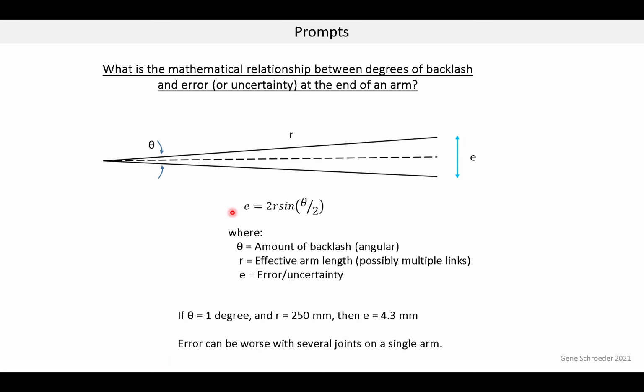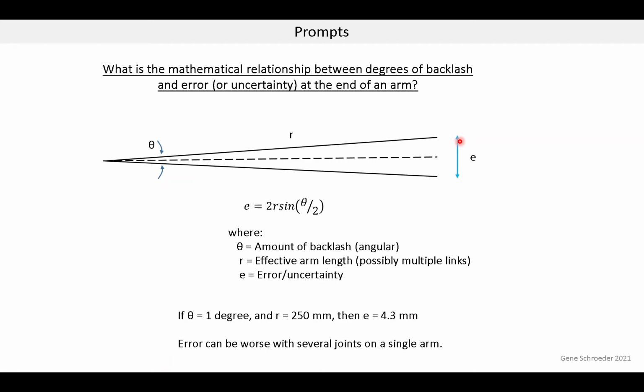And I think the calculation for E is this. And I believe these variables are pretty self-explanatory. And as an example, if theta is 1 degree, and R is 250 millimeters, which I think is approximately what it is on the demo, then this E could be 4.3 millimeters.